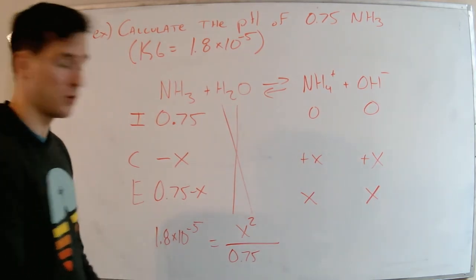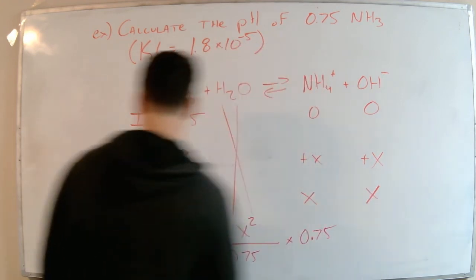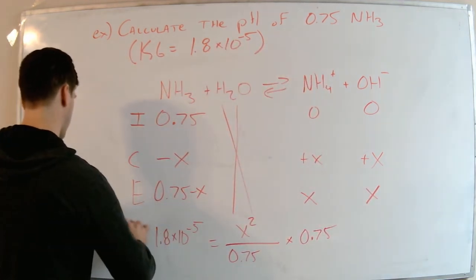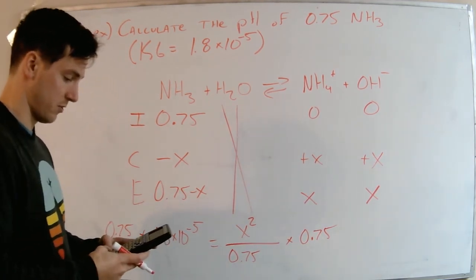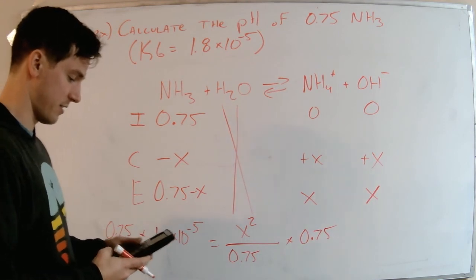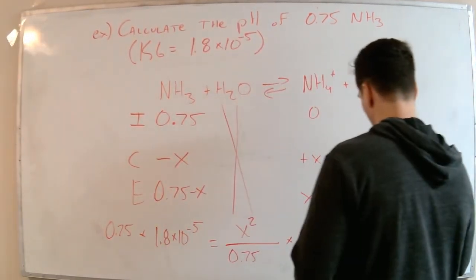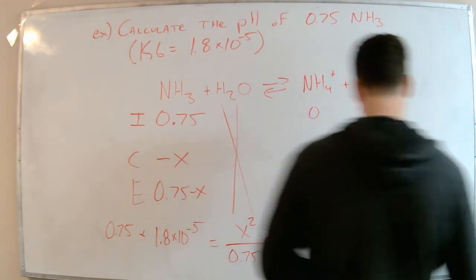And now let's do a little plugging and chugging to figure out X. So I'm going to take 0.75 times 1.8 times 10 to the negative 5th, which is 1.35 times 10 to the negative 5th, equals X squared.